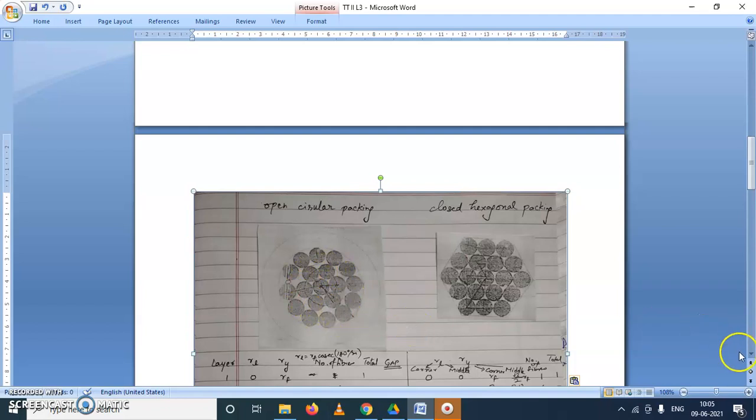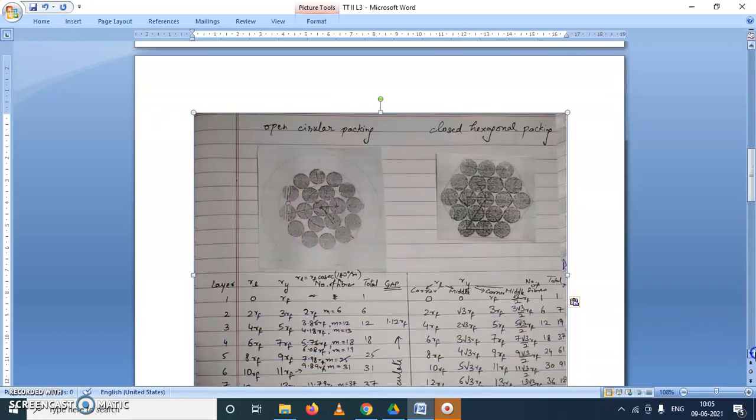Now if we calculate this, this is the table I have shown. I have shown the calculations. Suppose we are considering open circular packing. In the first layer there is only one fiber here and radius of layer will be 0, but radius of yarn will be Rf, that is 1 radius of fiber.